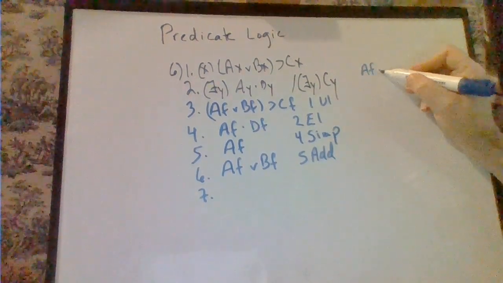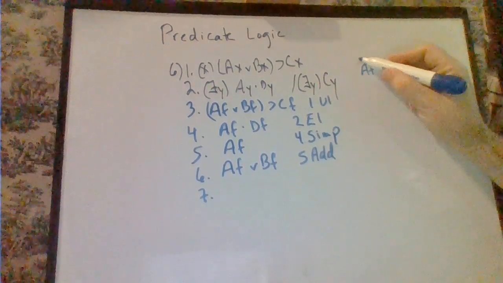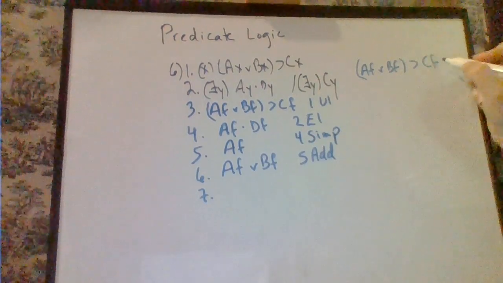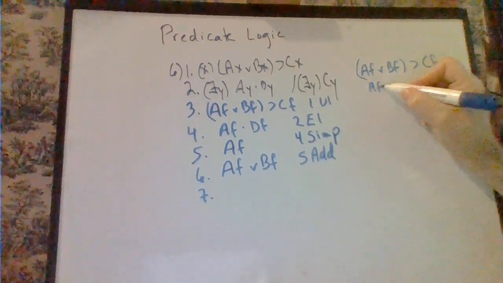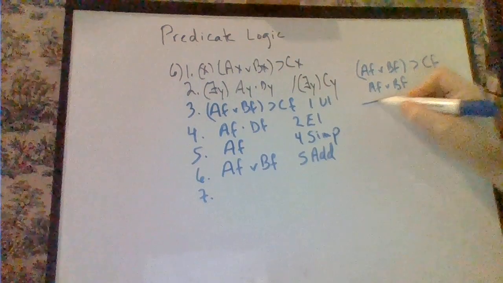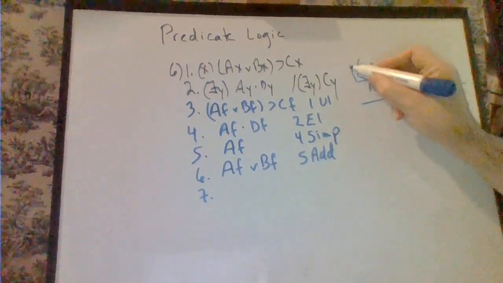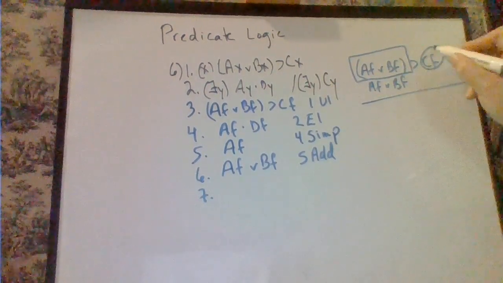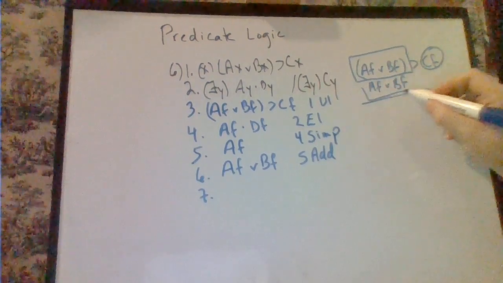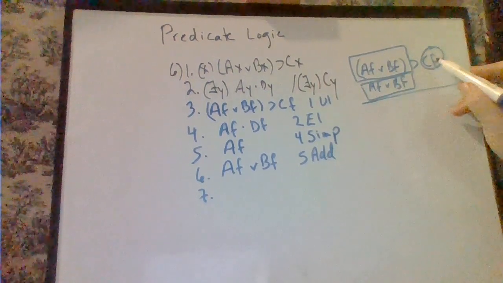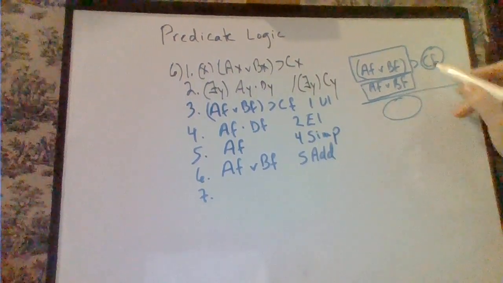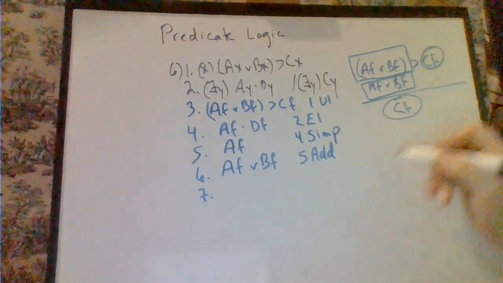Again, if you need to visualize here, the antecedent is the square, the consequent is the circle, Af or Bf is the square, so if square then circle, square therefore circle, which is Cf.